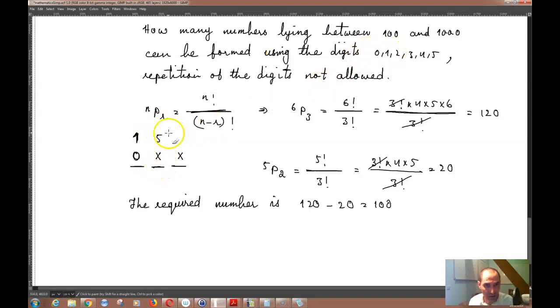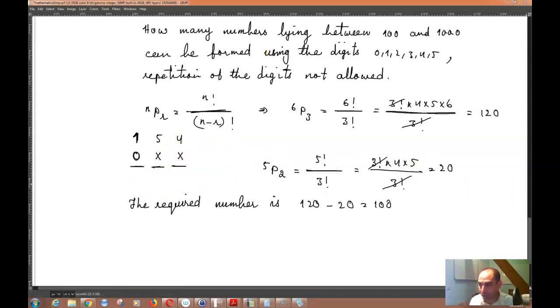Once you do that, you have used one of these digits except for 0. Suppose that, for example, you've used your 0 over here, and then you've used, for example, 1 over here, and then there are all of these remaining here. So that means that there are 4 ways of filling this placeholder with digits.